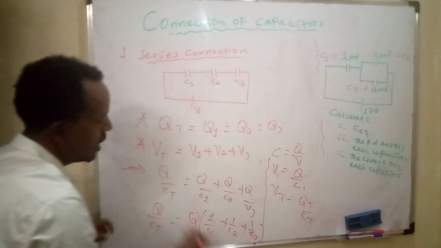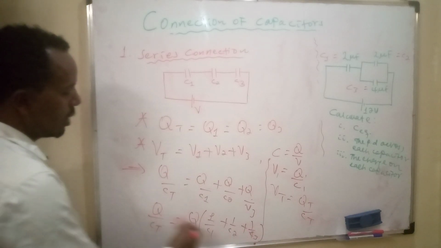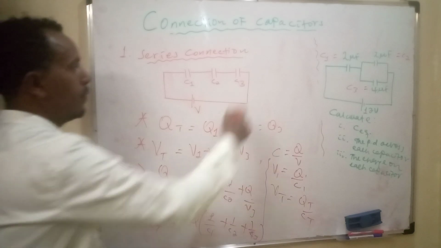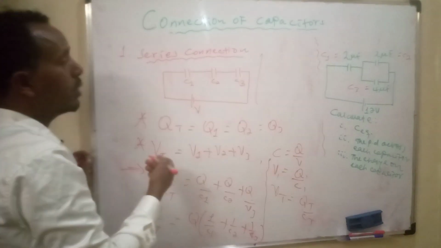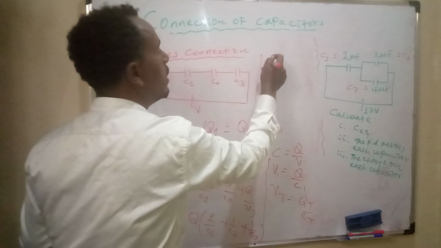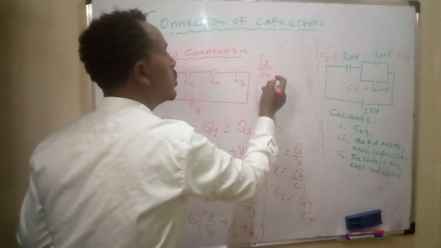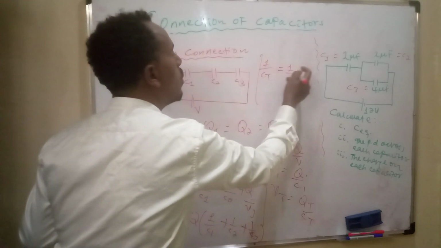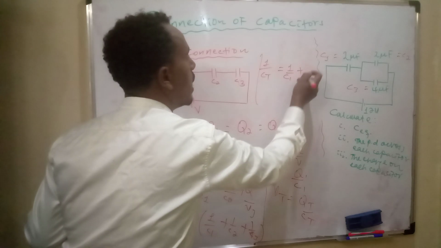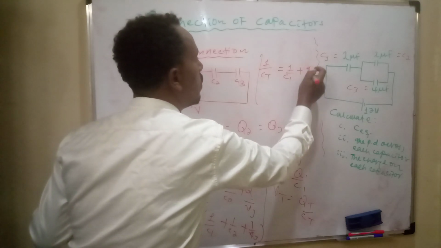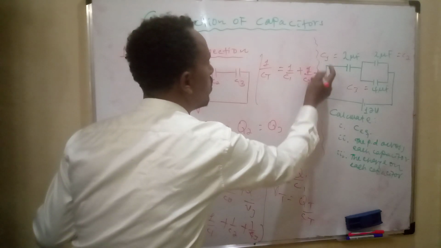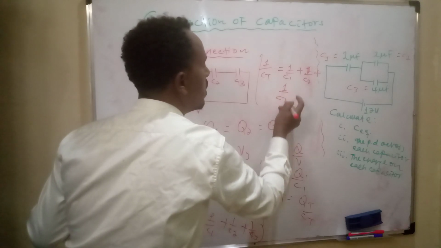Q is cancelled on both sides. Therefore, the expression for series connection of capacitors is given as 1 over C total equals 1 over C1 plus 1 over C2 plus 1 over C3.